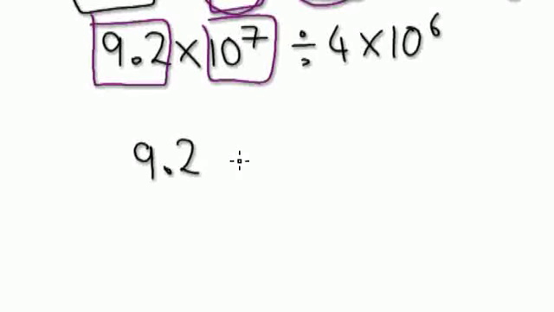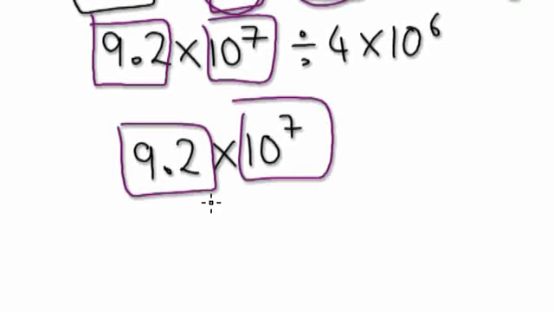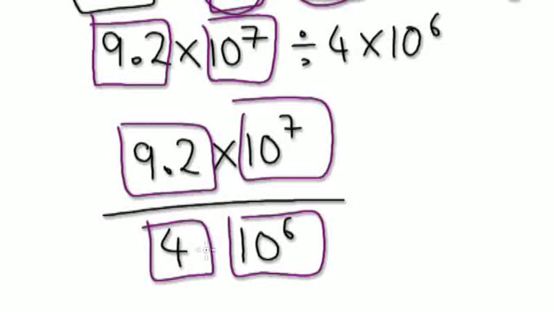Well, do it like this: times 10 to the power 7 here. Okay, so you've got this block times this block here. Now divided by 4, that's one block, times 10 to the power 6. Okay. Yes, we could have the times here, but oh well, let's just do this.